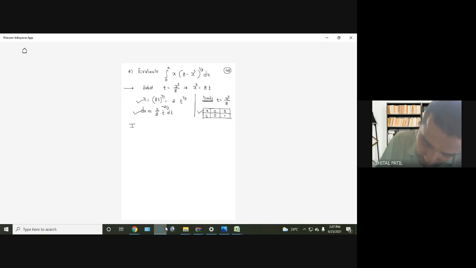Therefore, the integral will become 0 to 1, x is 2 times t raised to 1 upon 3, 8 minus what is x cube, 8t, dx.